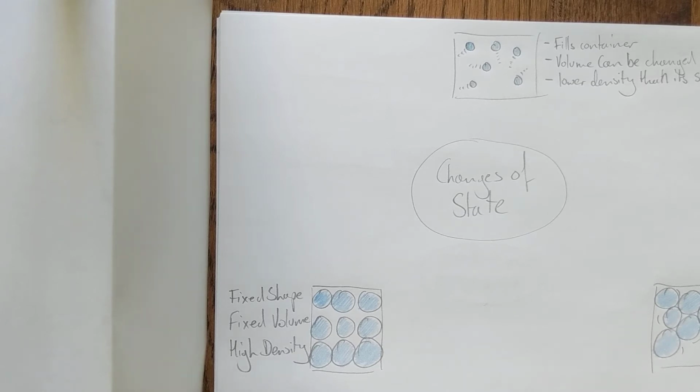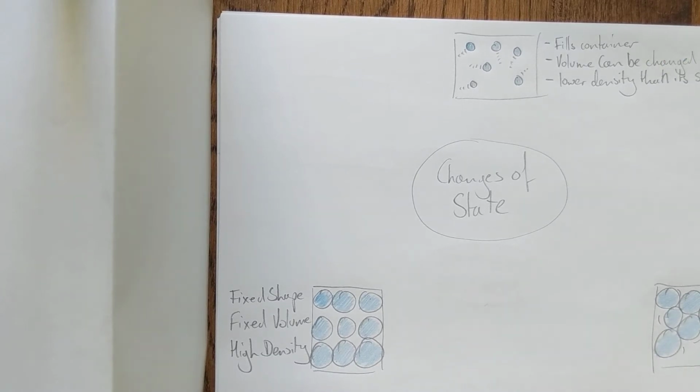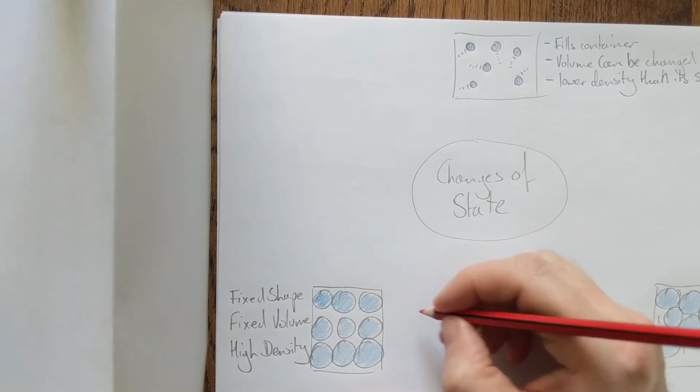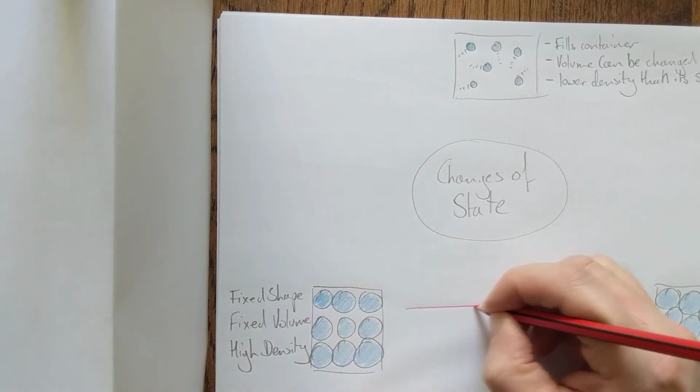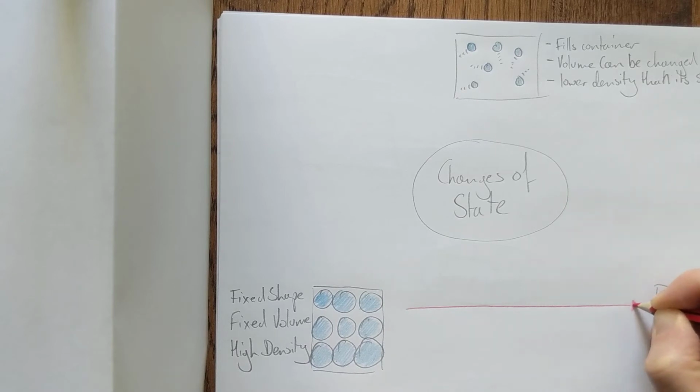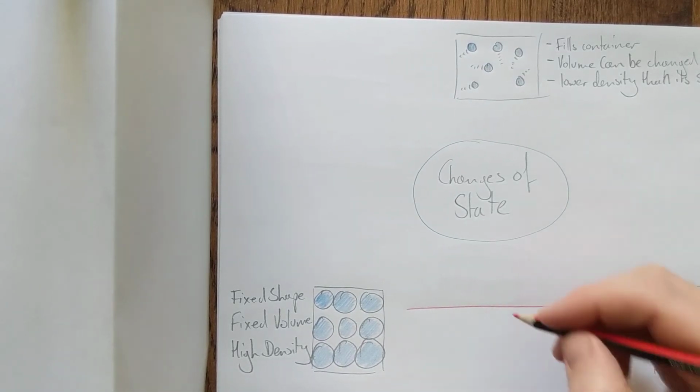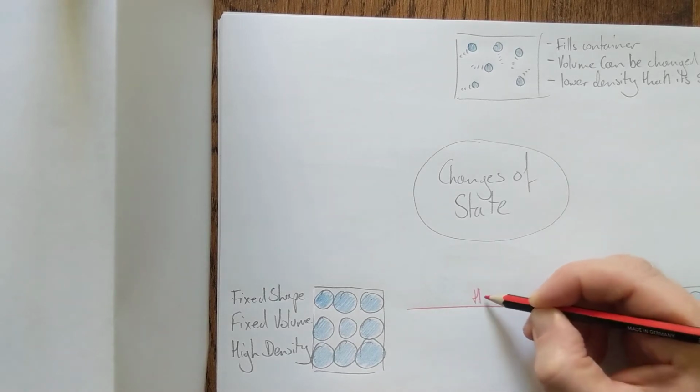Key Stage 3 teaches you these diagrams and teaches you these basic properties of all of those three states of matter. What we're going to look at now is how to change from one state to another. So if I want to go from a solid to a liquid, obviously, okay, I need to apply some heat.